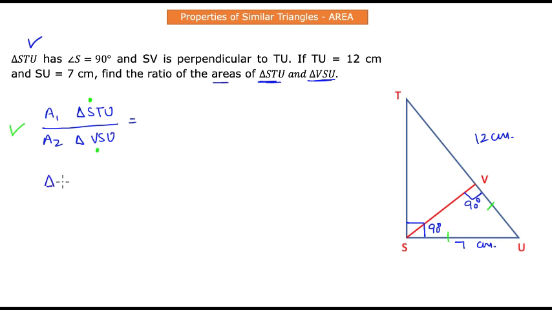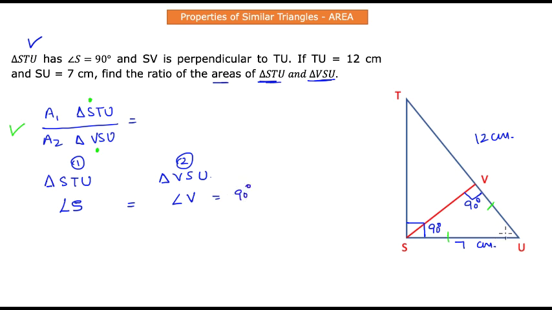We have two triangles, STU, and then you have triangle VSU, okay? So label this as 1 and label this as 2. In this case, first I'll say that in triangle STU, I have one angle, which is the angle at vertex S, equal to the angle at vertex V because they both are 90 degrees, right?